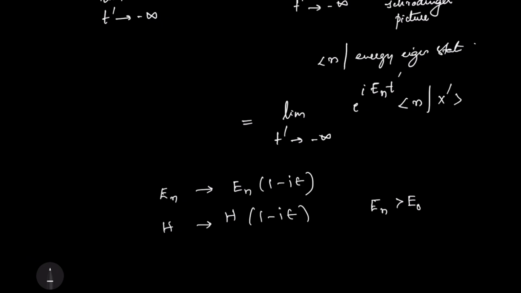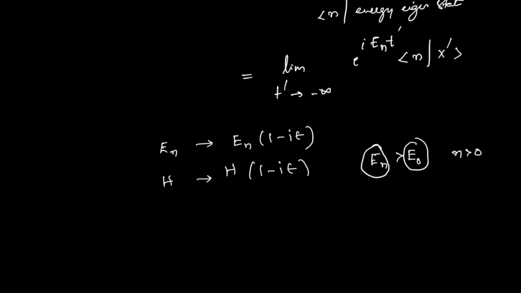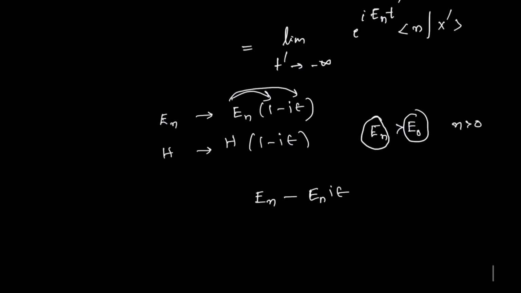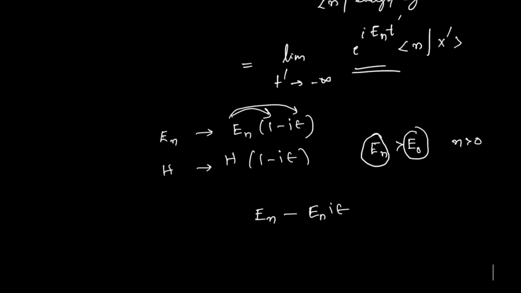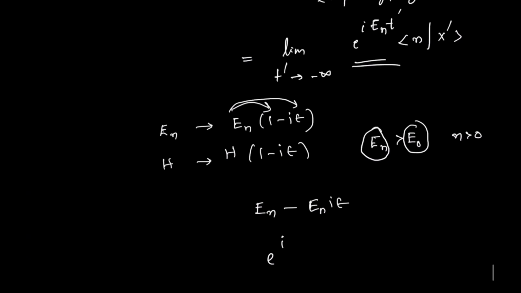The energy of any other state is always greater than the ground state energy, for n greater than 0. Then here you can see this will be E n minus E n i epsilon, so this exponential becomes e raised to i (E n minus E n i epsilon) t prime.